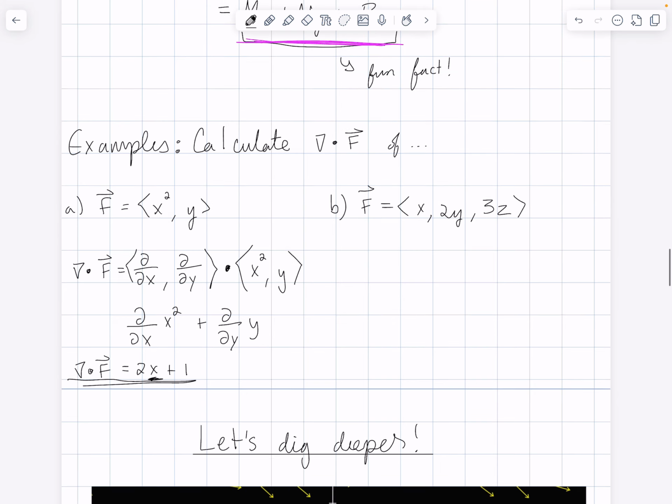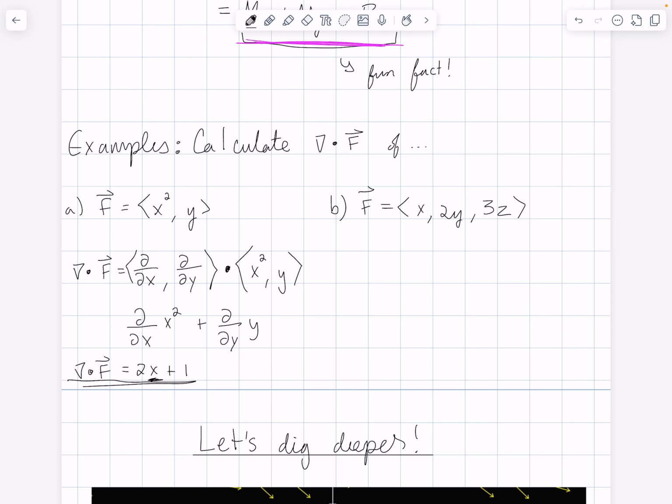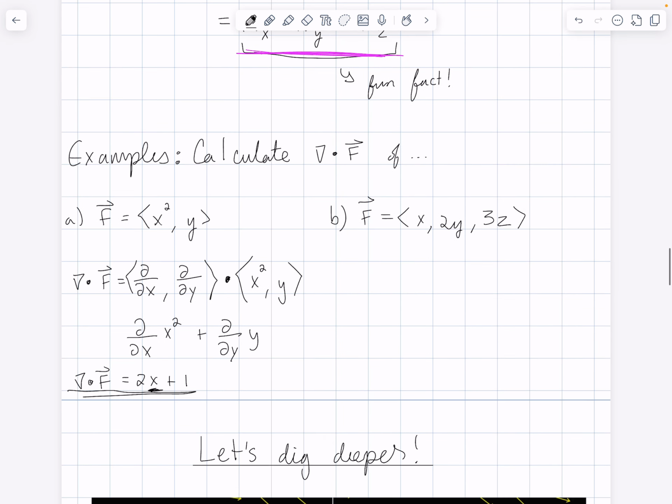Okay, so let's do an example in 3D now. And I'm going to write this out here again.